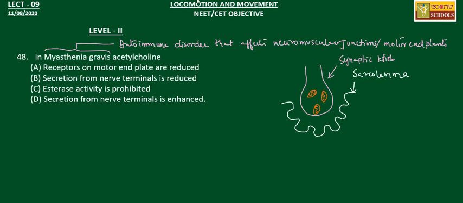You will find synaptic vesicles, and these contain the neurotransmitter, which here is acetylcholine.